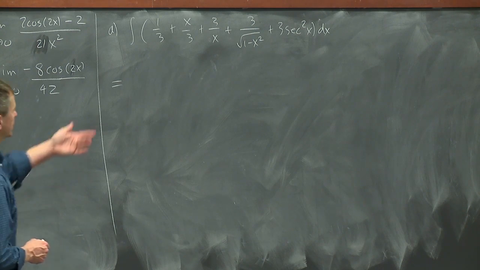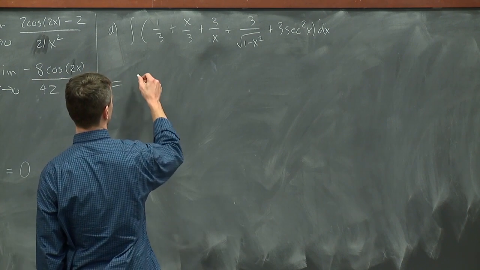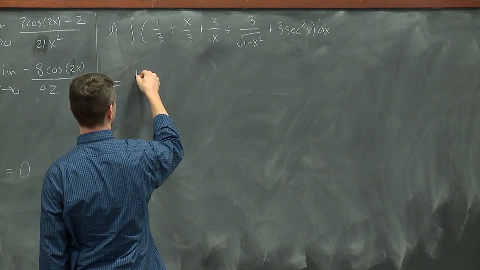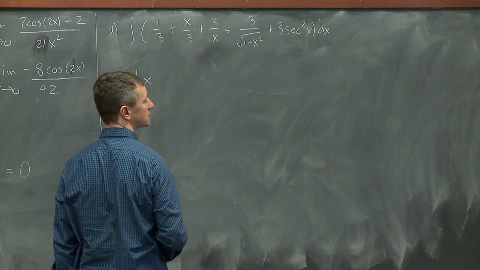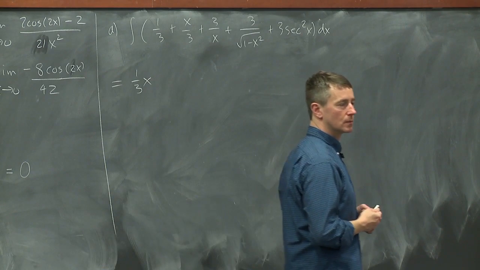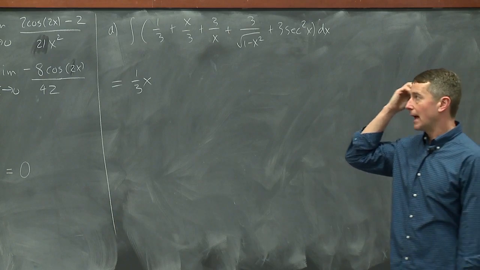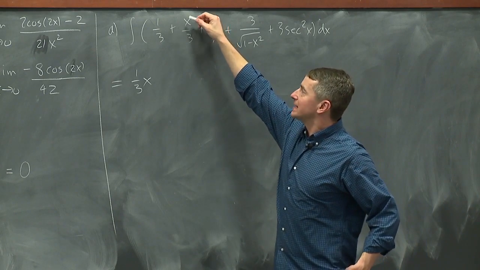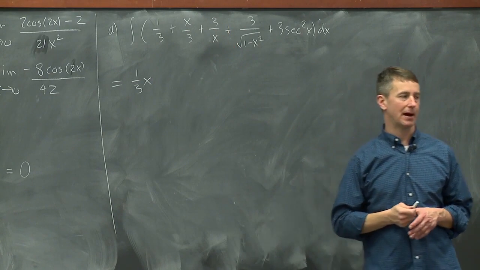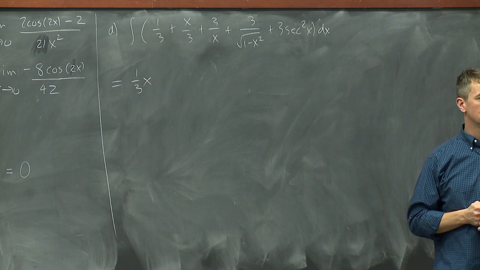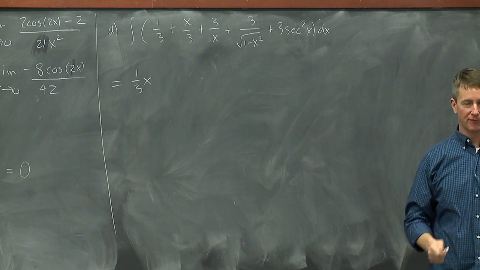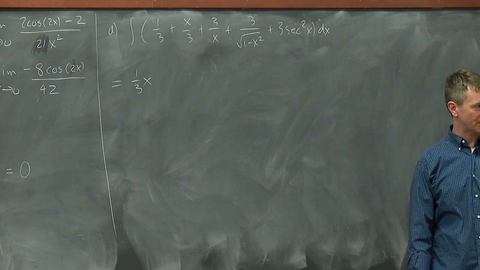So what's the function whose derivative is 1/3? 1/3 x. And then we're going to use our rule here, right? Writing this x here is like writing x to what power? To the 1. And our rule for finding antiderivatives says we do the opposite for derivatives, right?